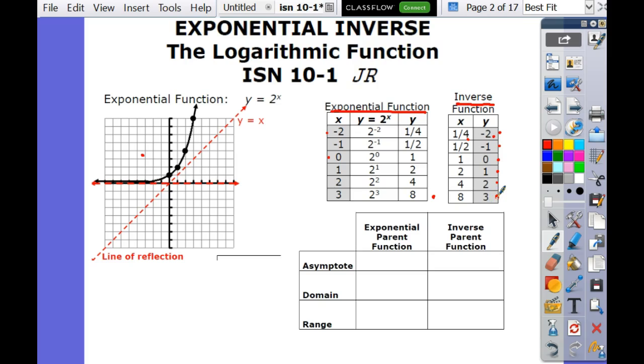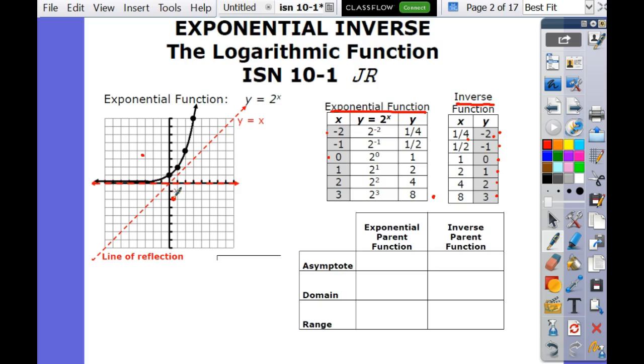How do you put negative 1/4 and positive 1/4 on the graph table? Where does a 1/4 go? It is really, really close in here to the y-axis, as close as you can get it.